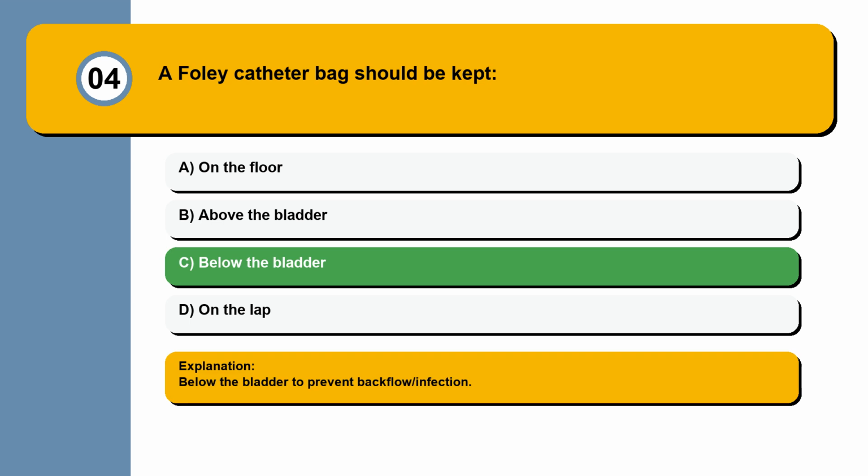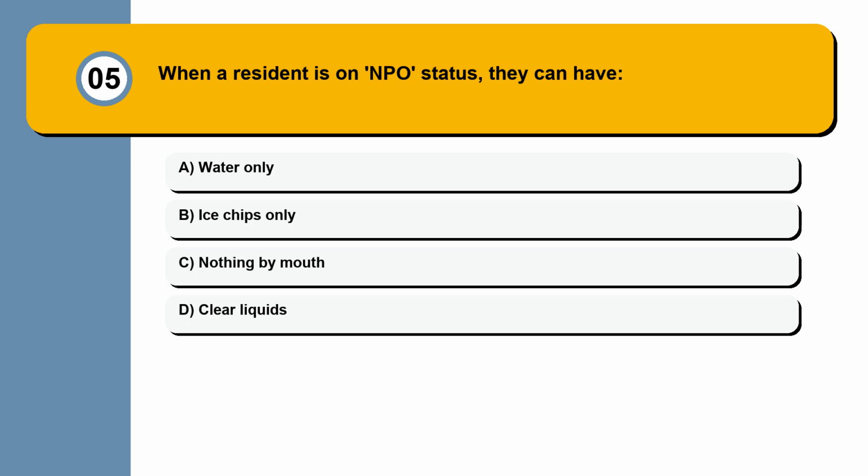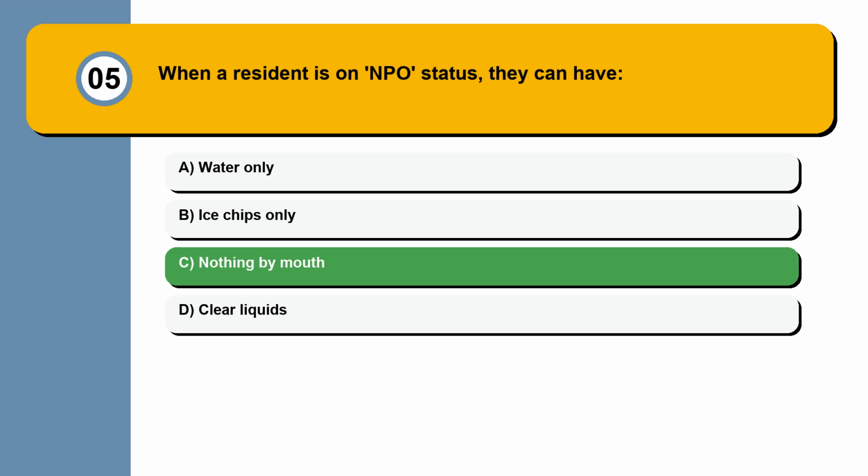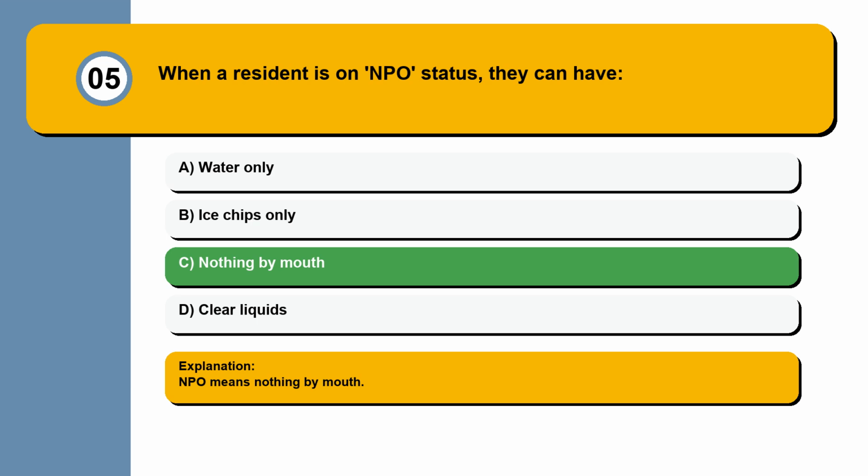Below the bladder to prevent backflow and infection. Question 5. When a resident is on NPO status, they can have water only, ice chips only, nothing by mouth, clear liquids. NPO means nothing by mouth.